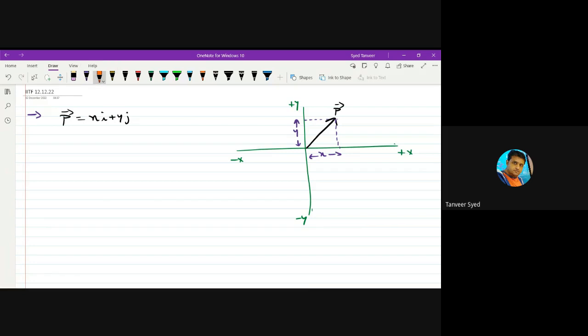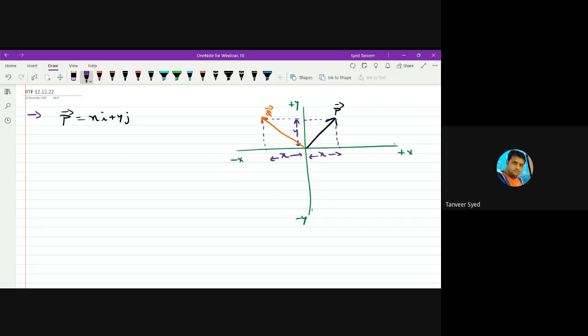If I take vector Q, which is like this, we can see here vector Q has magnitude along negative x direction, which is this much. Let us say the magnitude is the same, x, along negative x direction.